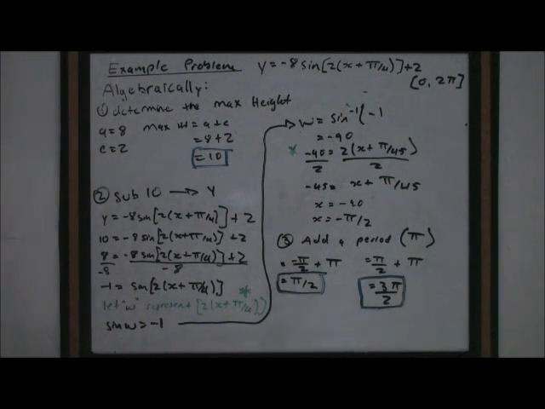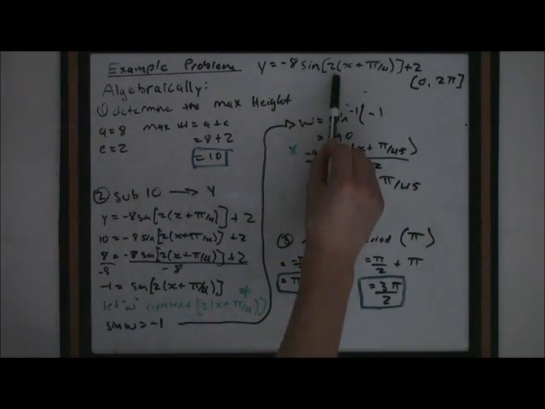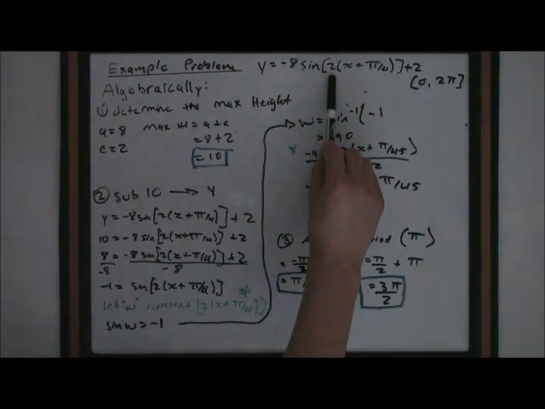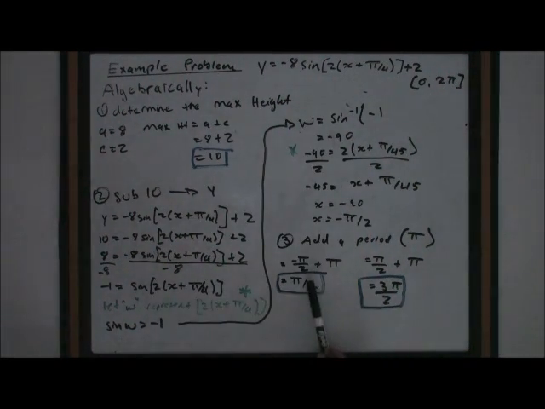So what we're going to do, our third step, we're going to add a period, pi. The reason why it's pi is because our horizontal compression factor is 2. So we add pi. So negative pi over 2 plus pi equals pi over 2, which is one answer.